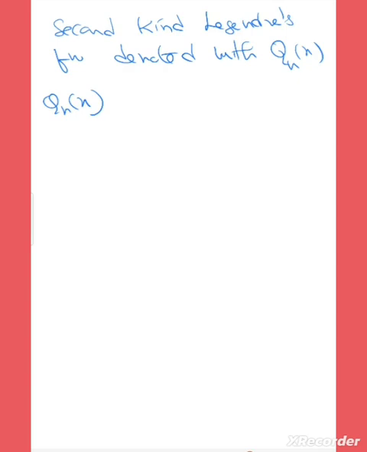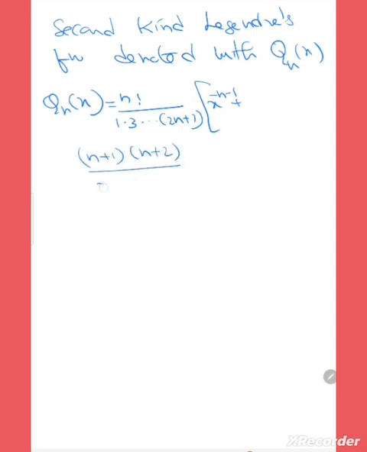Qn of x is n factorial by 1 into 3 and so on up to 2n plus 1, into x to the power of minus n minus 1, plus n into n plus 1 into n plus 2 by 2 into 2n plus 3 into x to the power of minus n minus 3 plus and so on.